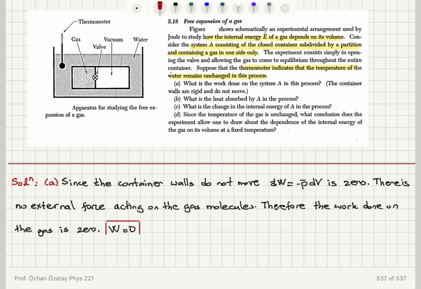Now let's look at part B. What is the heat absorbed by A in this process? Now, the thermometer reading doesn't change, so the whole system is at equilibrium. So it's quite clear that system A has a constant temperature.